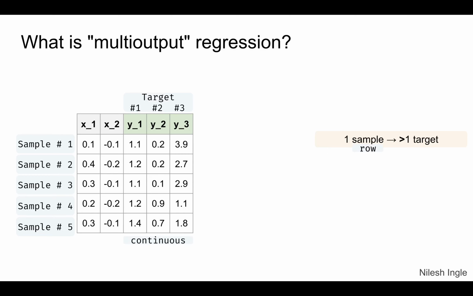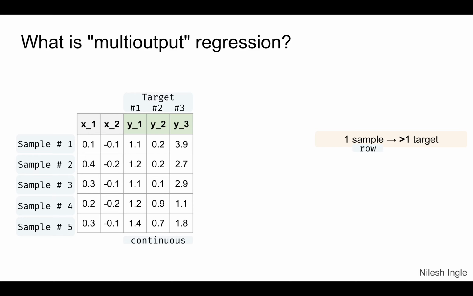Now, in case of multi-output regression, it's the same analogy. We have here the data set where we have two features x1 and x2, but then instead of just one output target y, we have three output targets y1, y2, and y3. And they are continuous.